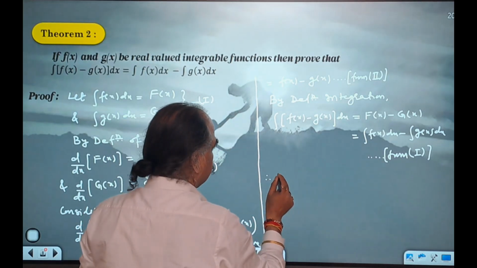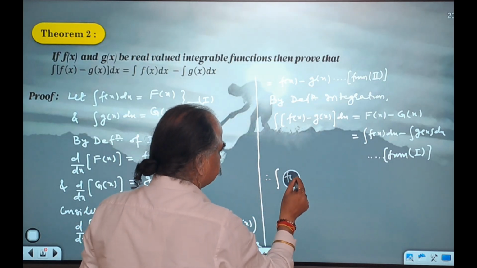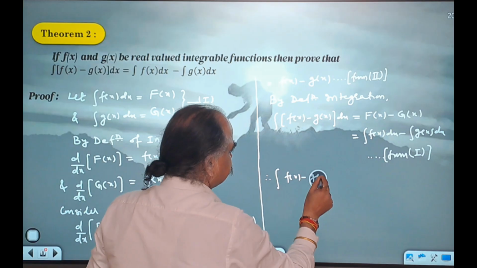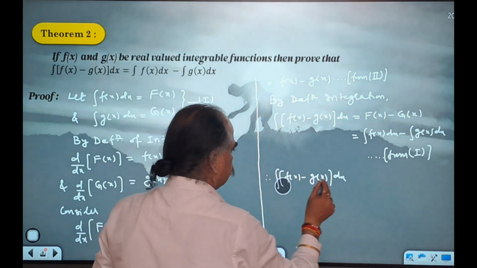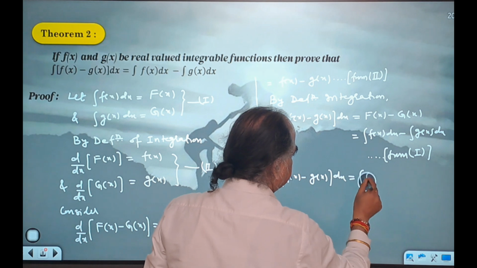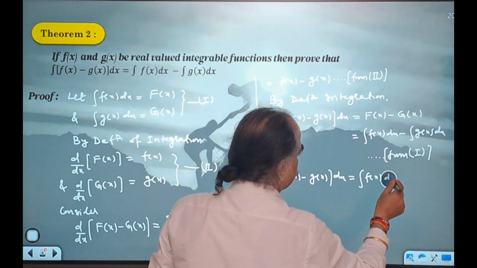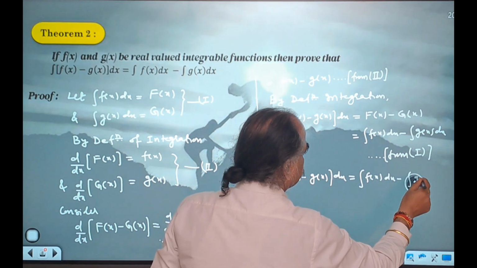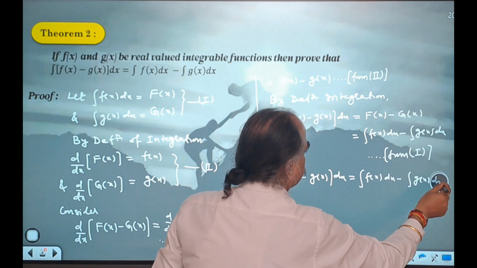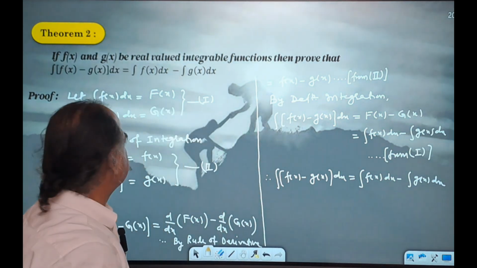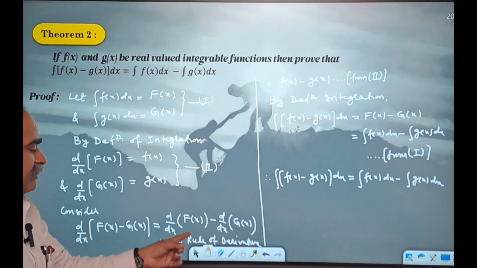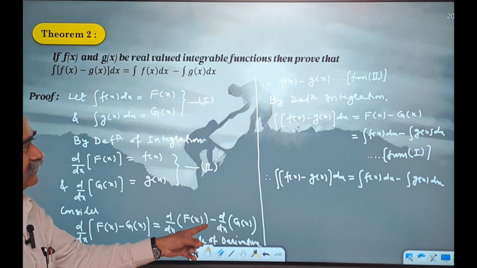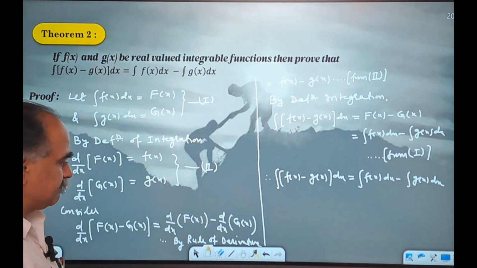Therefore, integral of fx minus gx dx is integral fx dx minus integral gx dx. Same way we can prove for positive. For positive here we have to consider plus, and by rule of derivative it is plus, and everywhere you have to write positive sign.